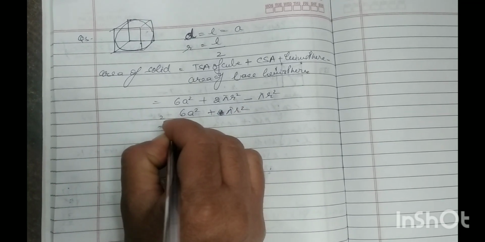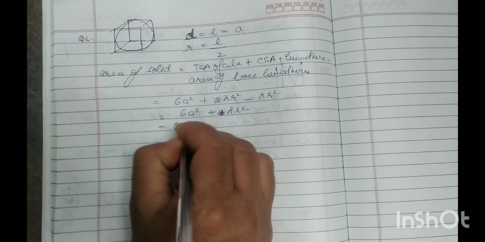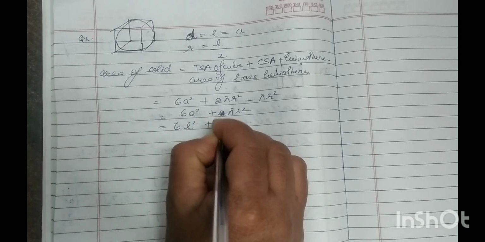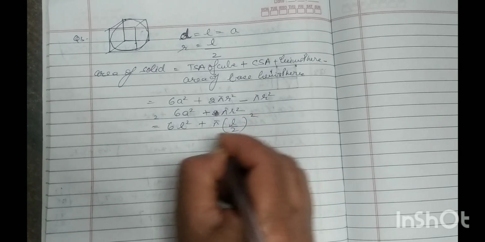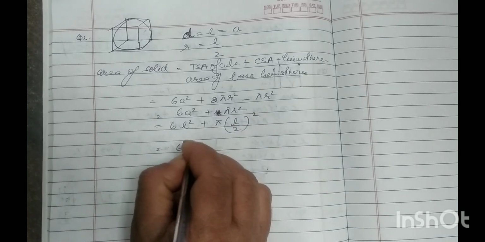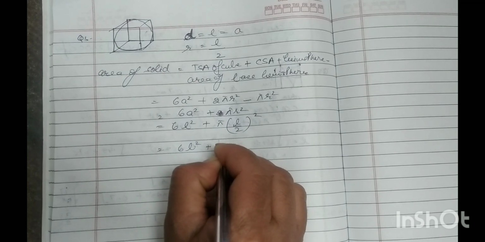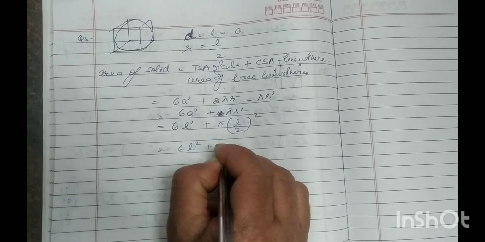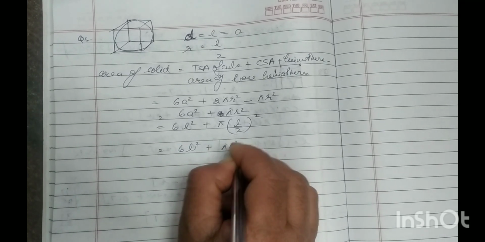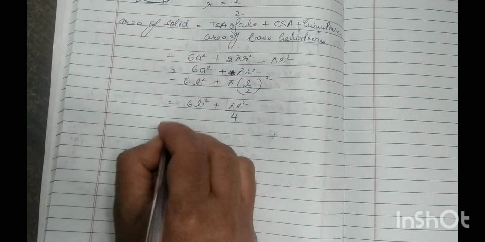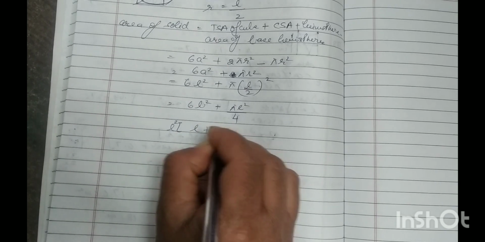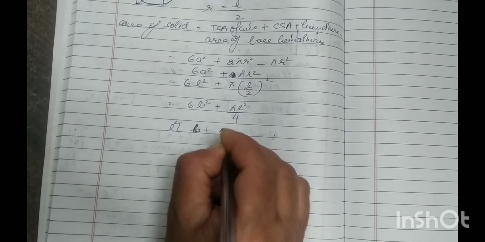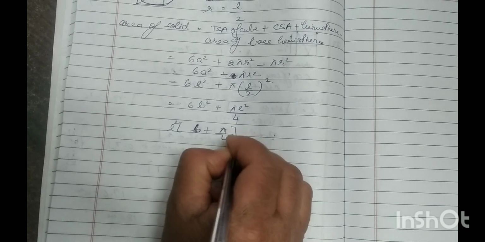Here a is L, so this will be 6L square plus pi r square, where r equals L by 2, that whole square. So 6L square plus pi L square upon 4. L square is common, so 6 plus pi upon 4.